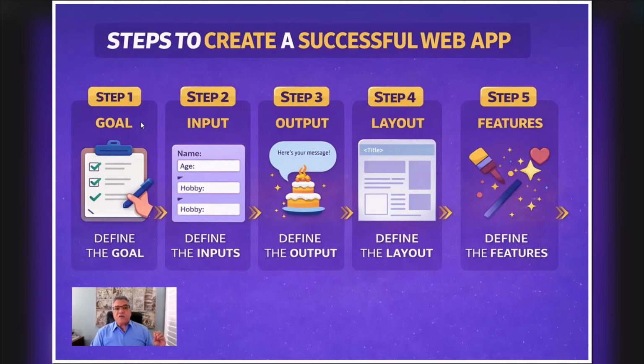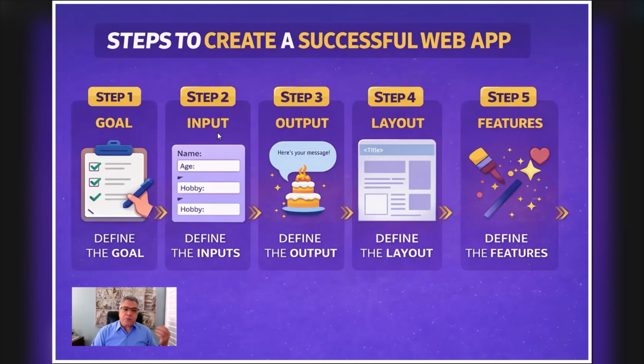Once you know the goal of the app, then you go into step number 2, which is the input. For the input, you have to ask your customer to put in a lot of information so that the output becomes a good output or a good response.